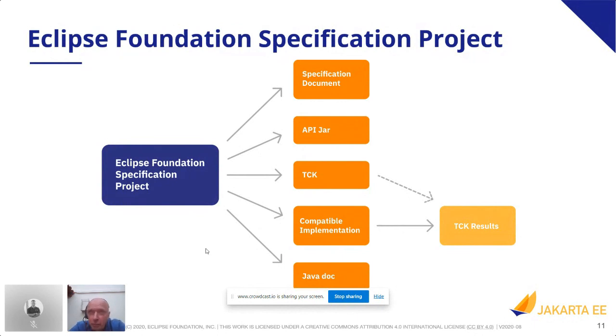To release the platform spec, we need an implementation that has all the optional pieces. Currently, the only one that does that is GlassFish, and therefore we need to get GlassFish 6 out at the same time as the specifications. So a lot of my work really has been about ensuring that GlassFish 6 is ready at the same time as this Jakarta EE9 release.